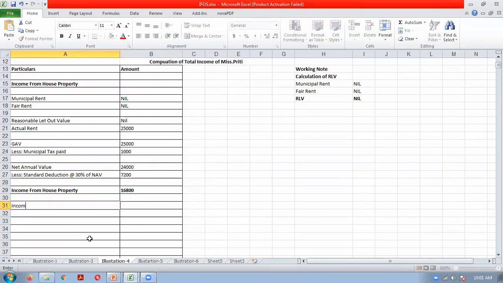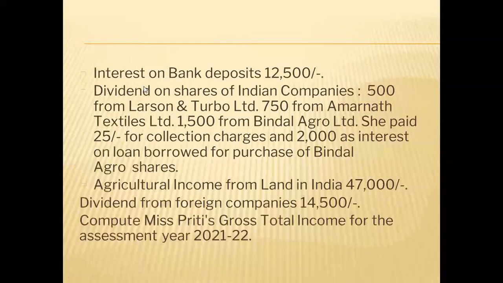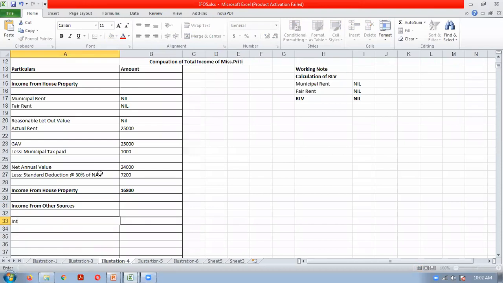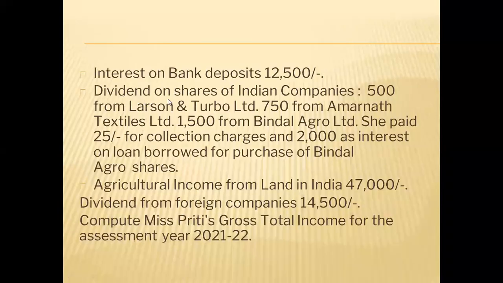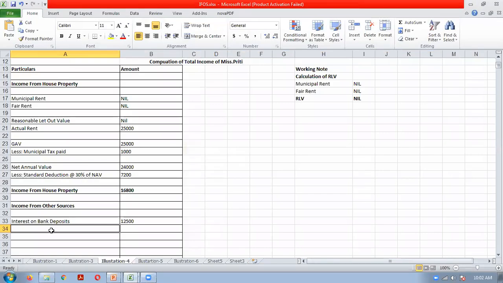Now next is income from other sources in this question, which we will have to calculate now. That is very simple. Interest on bank deposits. Dividend on shares of Indian company: 500 from Lazarus Tube, 750 from Amarnath Textile and 1500 from Bindal Agro Limited. Three dividends Ms. Preeti is receiving.